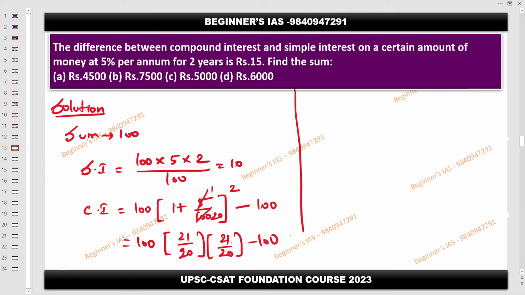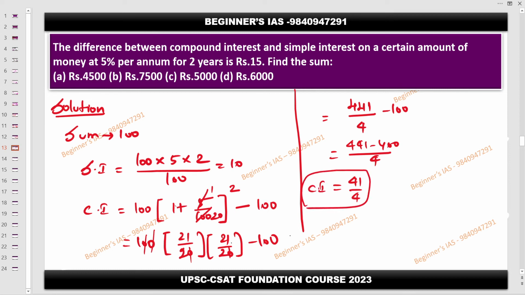Then 441 by 4 minus 100, then 441 minus 400 by 4, so it will become 41 by 4. So this is nothing but the CI. The question is dealing with the difference. CI minus SI is 41 by 4 minus 10, which is equal to 1 by 4.